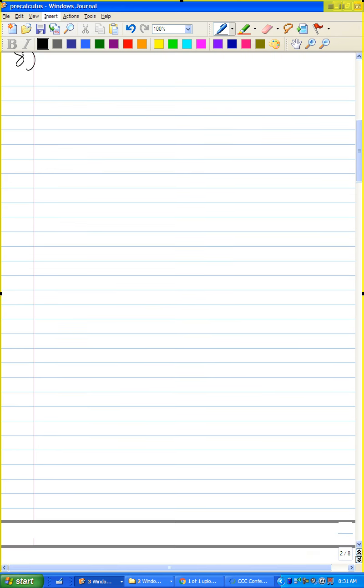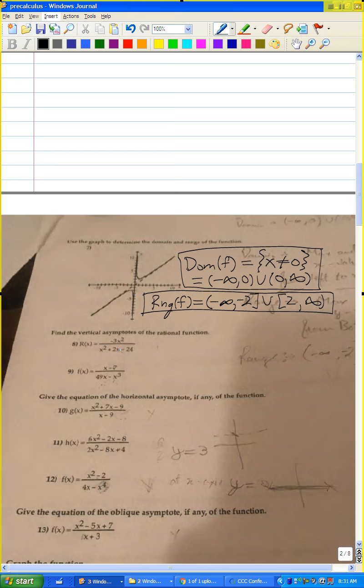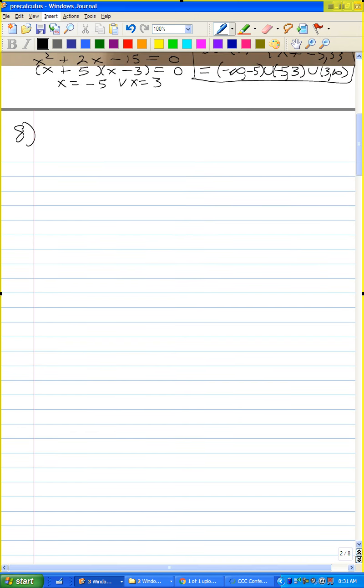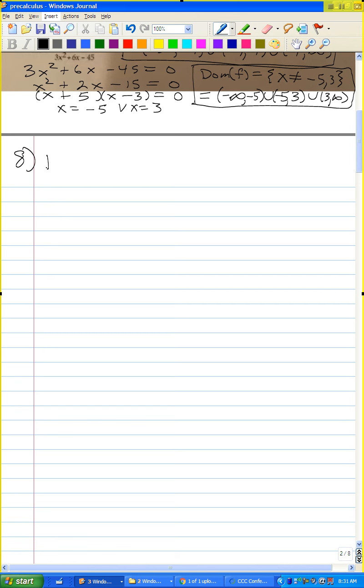I want to find the vertical asymptotes for this. And so let's simplify this function. I have r of x equals negative 3x squared over x squared plus 2x minus 24.